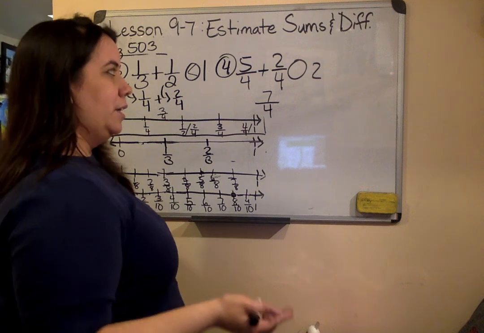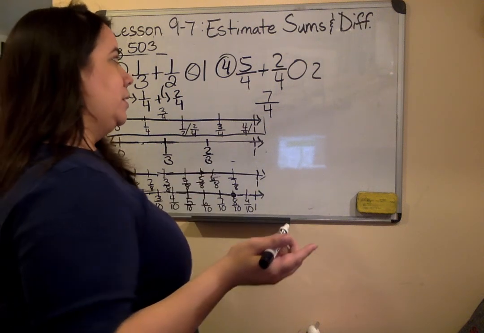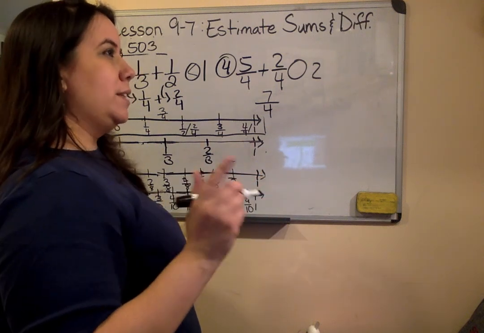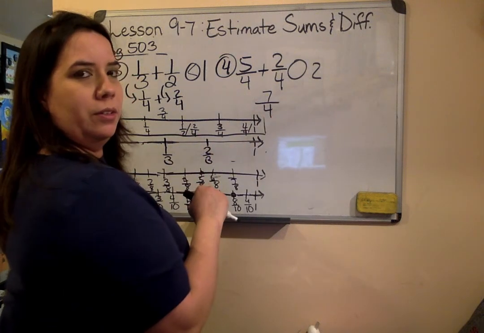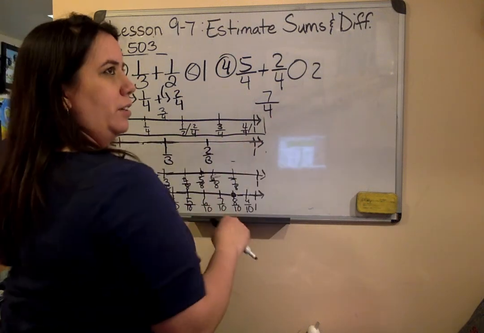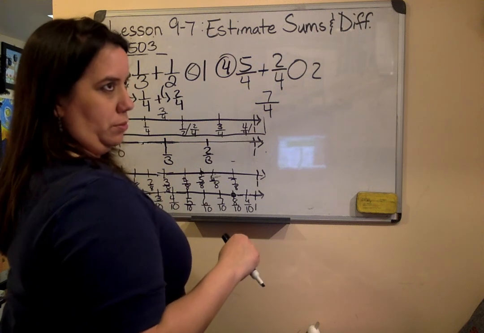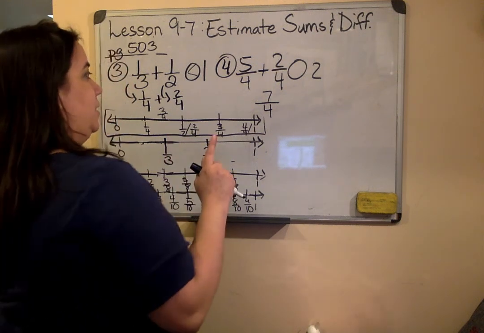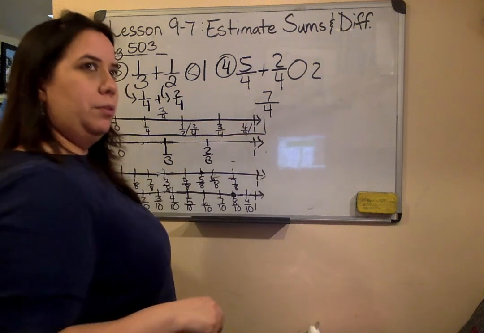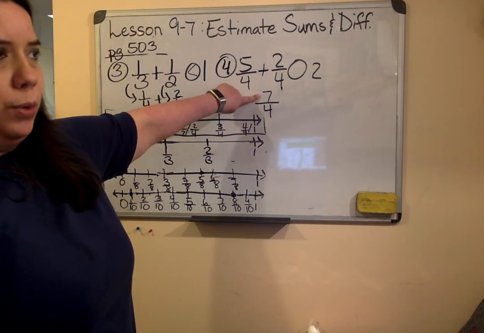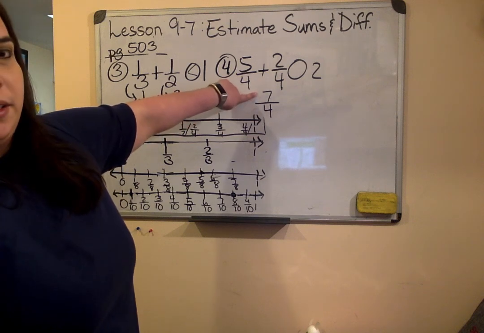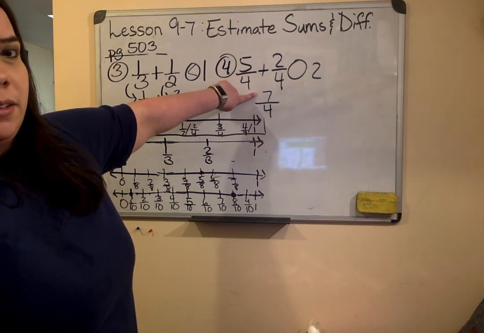Now, what do we know? What is 2 times 4? 2 por 4 es ¿qué? 8, right? So that means if this was 8/4, it would have been equal. But because it's 7/4, this means it's less than.